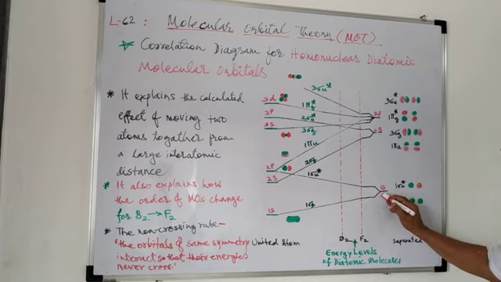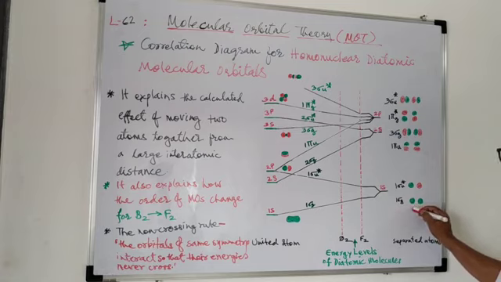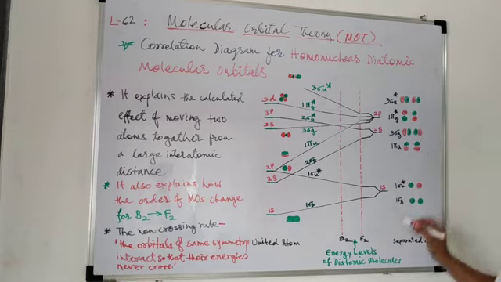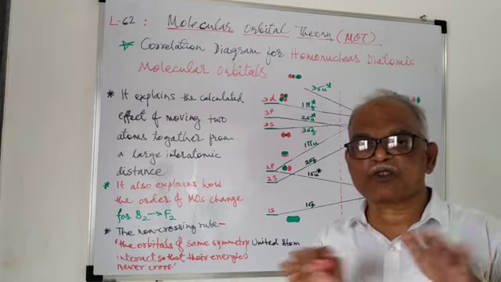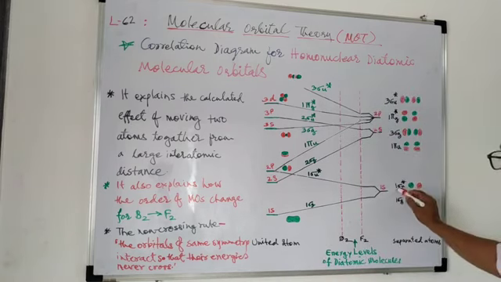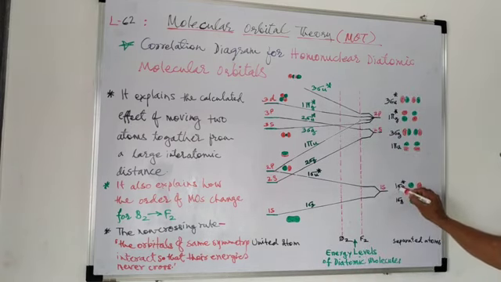When we use 1s, there is formation of a 1 sigma g, when the 1s orbitals of the same sign of wave function are brought closer. When atomic orbitals of different signs of wave functions are brought closer, there is formation of an antibonding molecular orbital.